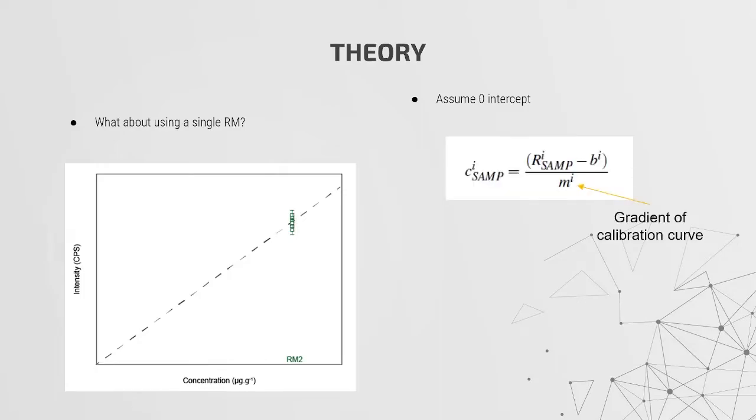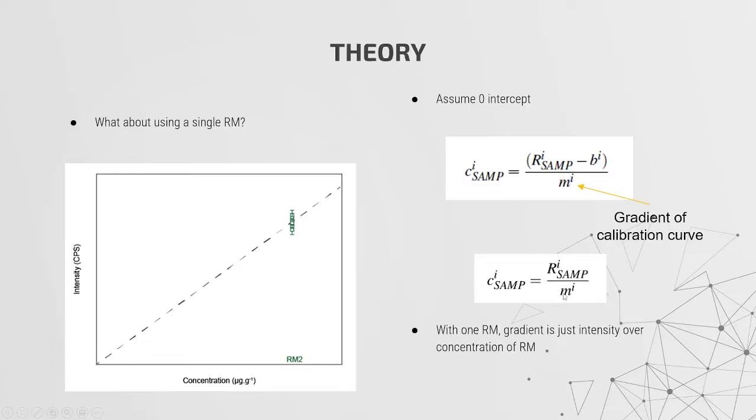If we have 0 for the intercept, and the intercept is this BI factor here, we can ignore that, and so our equation becomes this. It's just the count rate divided by the gradient. And if you remember from high school maths, the gradient is just the change in y over the change in x. So in this case, the change in y is just the intensity of our reference material, and the change in x is the concentration of our reference material.